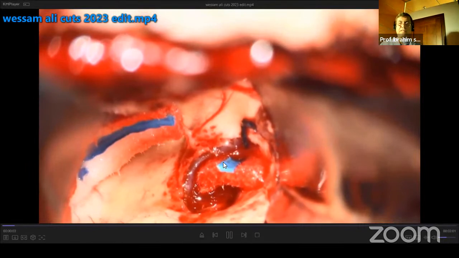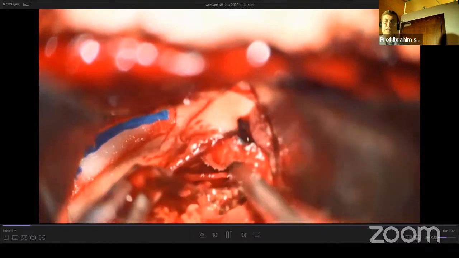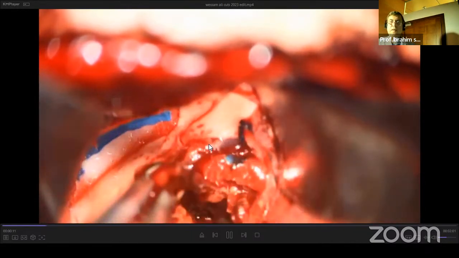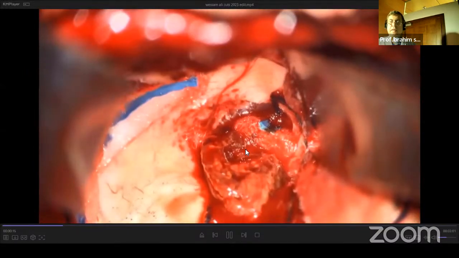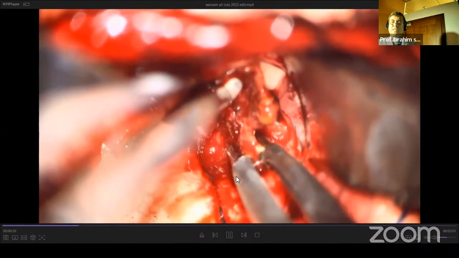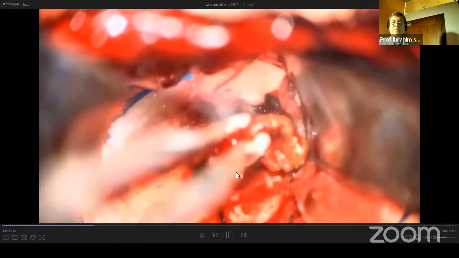So what we have seen in the still pictures, just to see in dynamic action. The DVA is here. I'm all the time aware of its presence, and I'm trying to protect it with this patty and remove the cavernoma. It's not enough just to take the blood out. You have to take the cavernoma out.